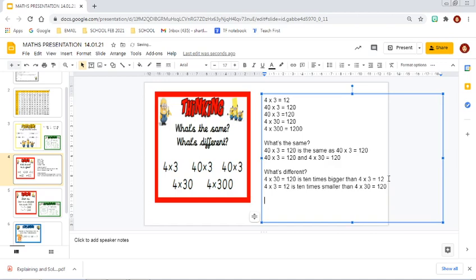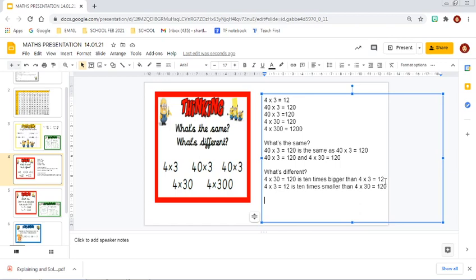You can give me examples for the difference. You could say, for example, is 10 times bigger than, is 100 times bigger than, is 10 times smaller than, is 100 times smaller than.